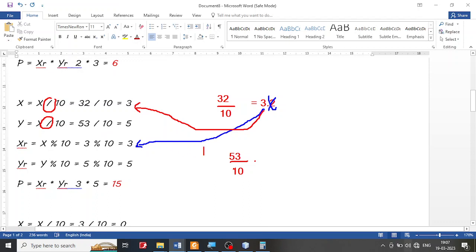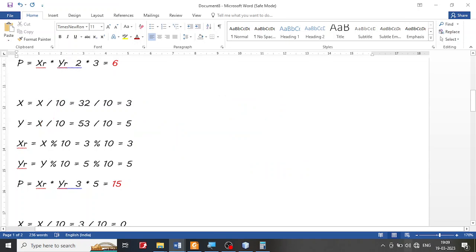And what is it that you are going to get? The answer that you are going to get is 5.3. Discard the fraction part, take only the integer part. So you got 5 and 3. In other words, we have successfully eliminated the 2 digit from the 32 and 53.